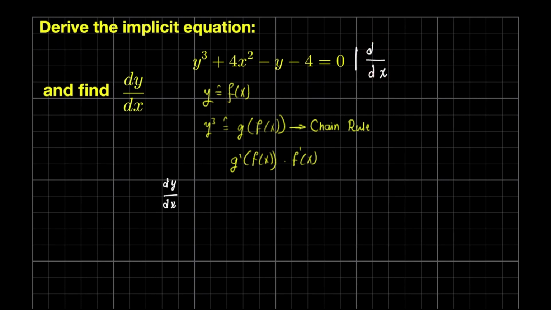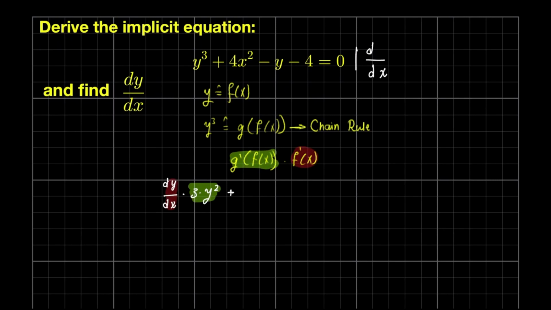So we will have dy/dx, now multiplied by the derivative of the outer function right here. So what we will have is 3 times y squared using the power rule. So I'll just highlight them together in order not to get confused. So which is the derivative of which? This dy/dx is basically f prime of x.